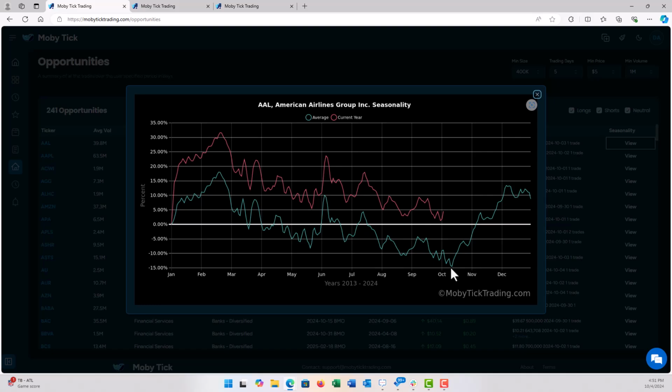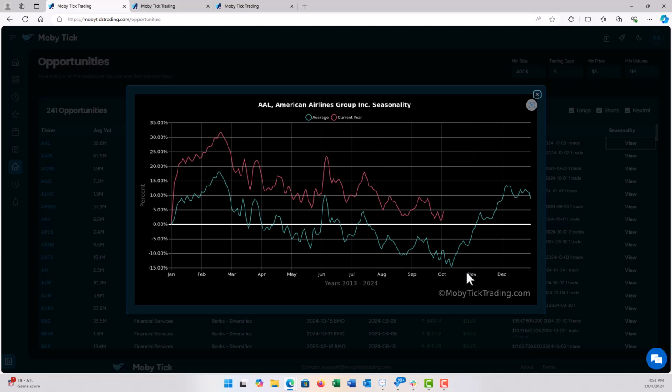Now, if you were trading this at any other point, because it's the beginning of October, yeah, it's the 4th of October right now. We would expect historically, it doesn't tell us what the future result might be, but we have trades coming in on AAL, and seasonally it starts to pick up from October into Christmas.